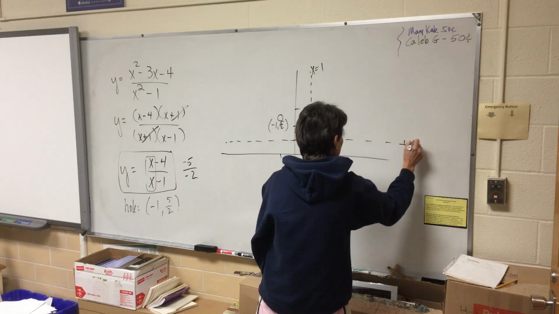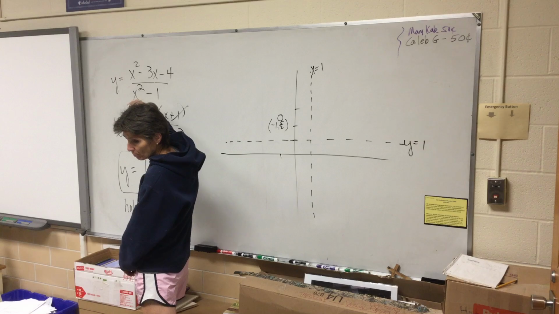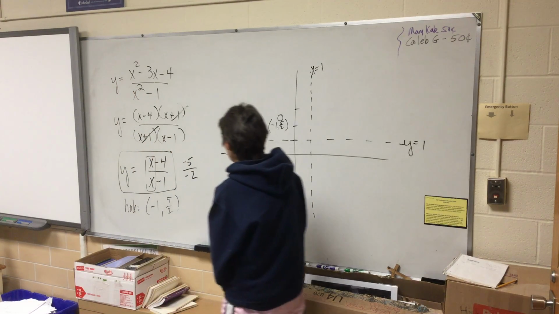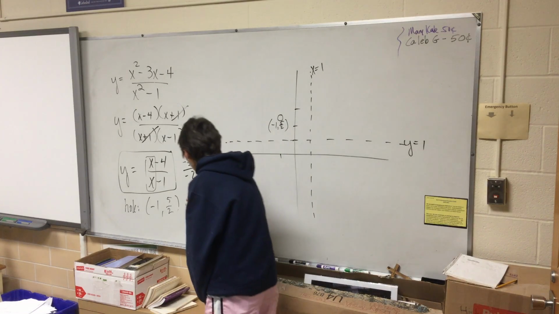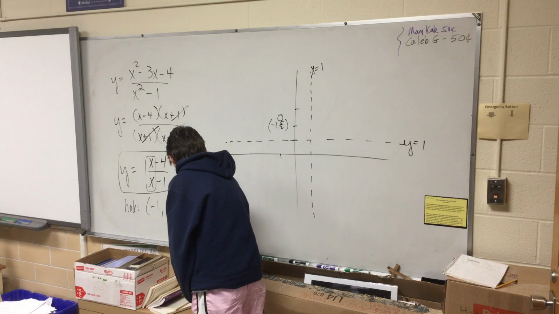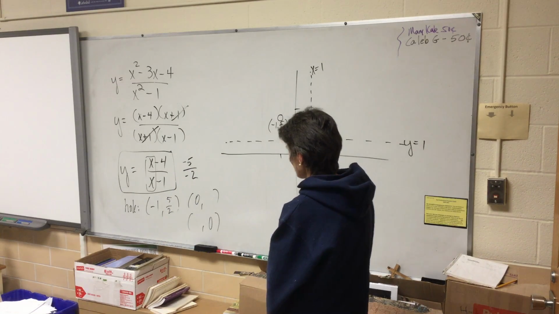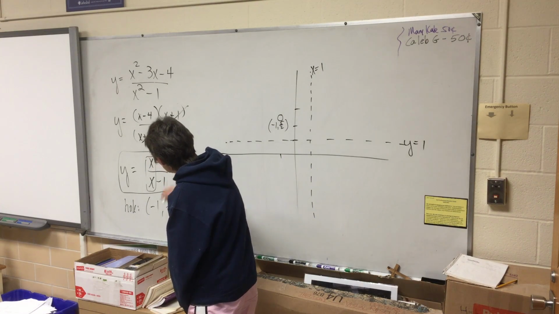By the way, would we have gotten the same thing if we'd have boxed in the original problem? Yeah. All right, now we need our intercepts, so we're going to put zeros in different places. Remember, we're putting them right here.